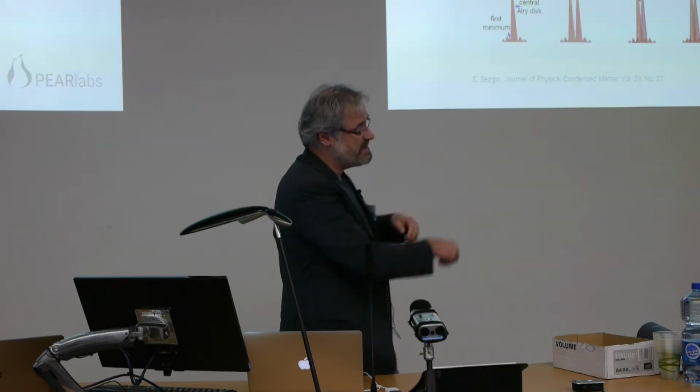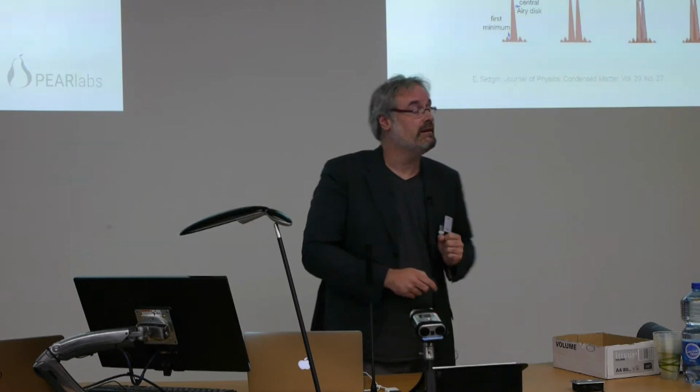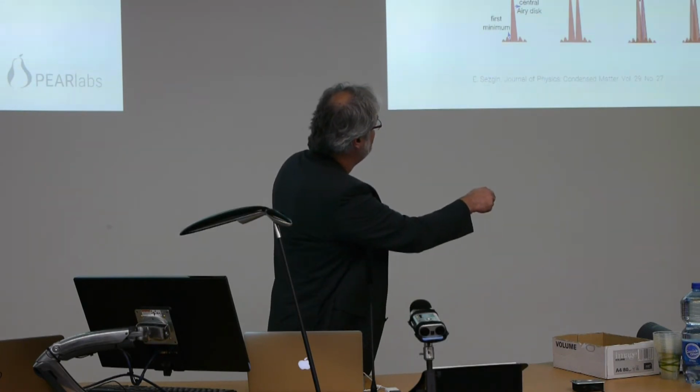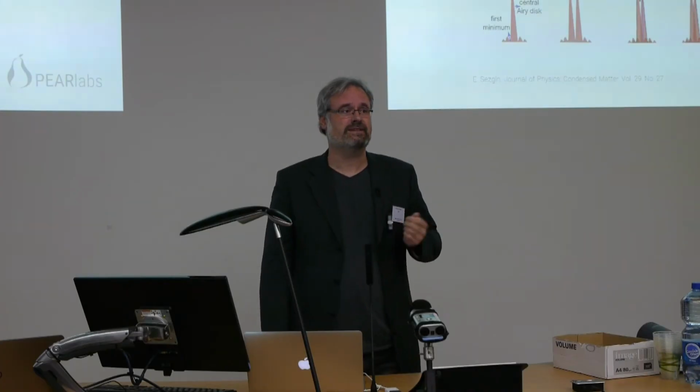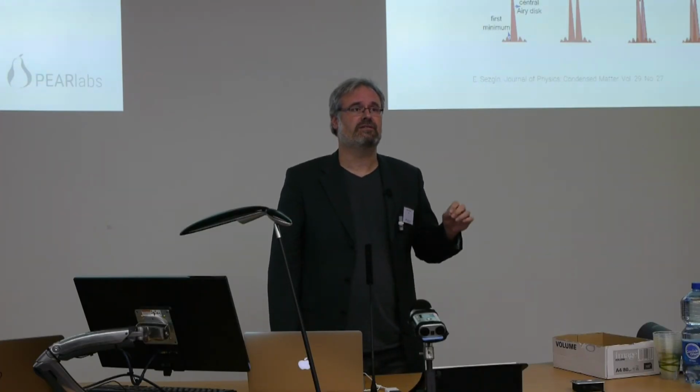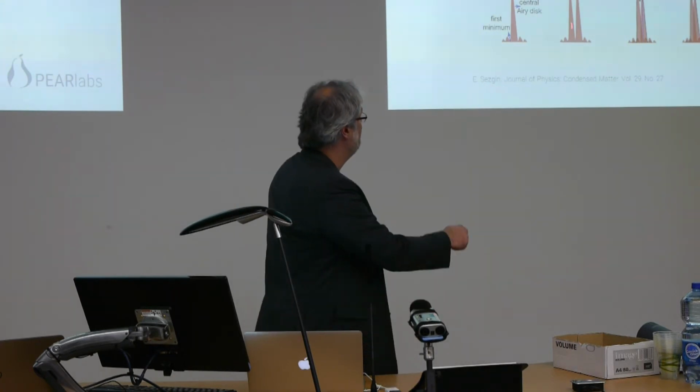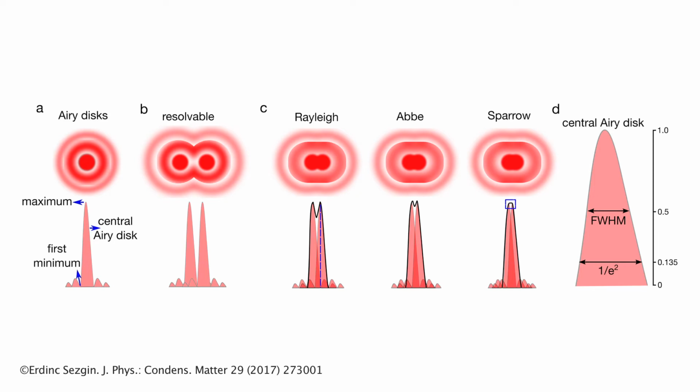Well, this is basically just looking onto the pattern we get. And we can say, yeah, we can resolve that still. And then Abbe phrased another one, and then Sparrow phrased exactly the condition in which our ability to resolve the two is vanishing. And interestingly, the only thing these criteria do is change the factor from 0.61 to 0.5. So the differences are really negligible.